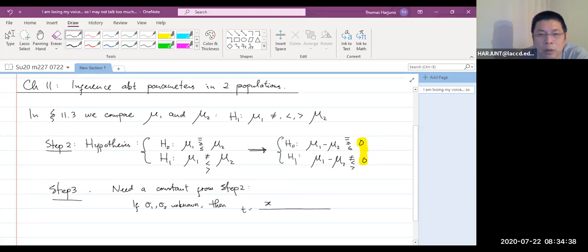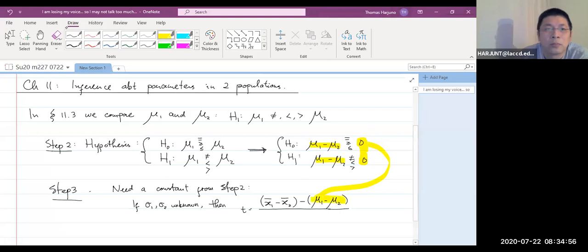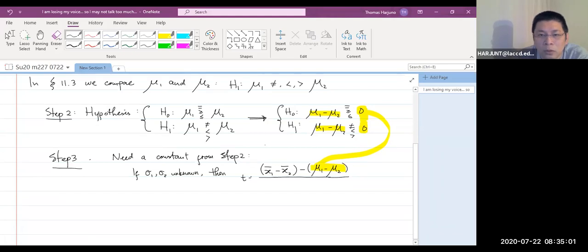We have x1 bar minus x2 bar, minus mu1 minus mu2, and that's the one we will use 0 for later on, over the square root of s1 squared over n1 plus s2 squared over n2.